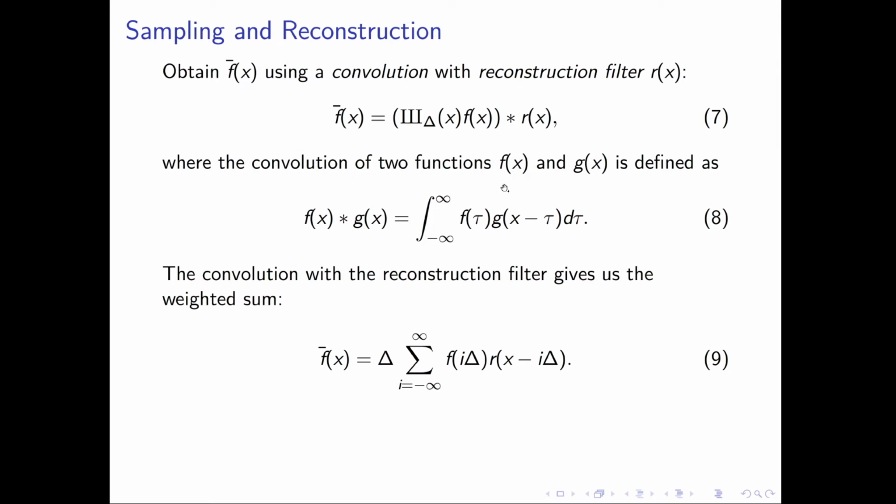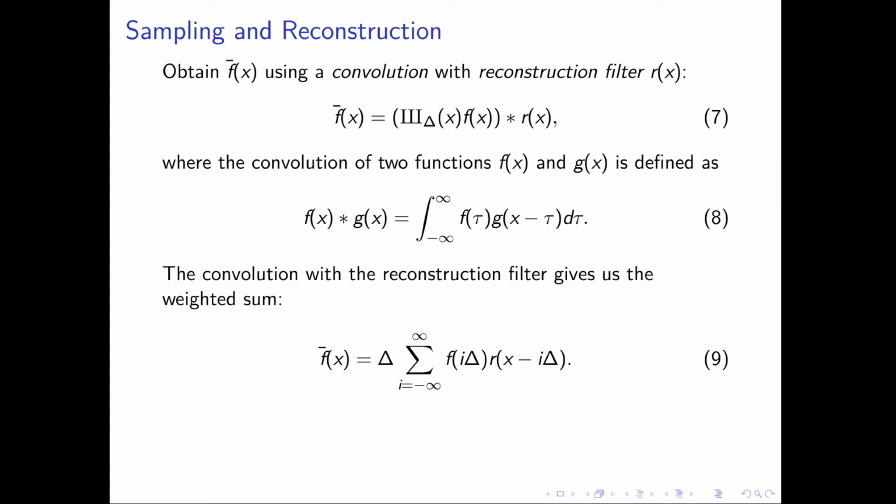The convolution of the two functions is just defined like this, right? The convolution is defined as the indefinite integral of the product of f of x and g of x with regard to this offset tau.